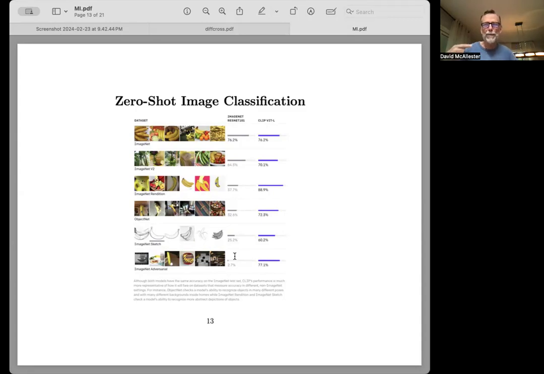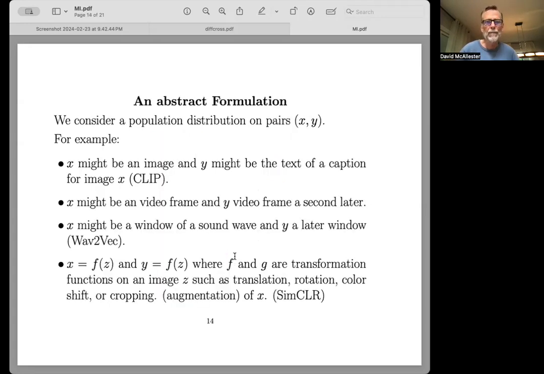And the difference is simply that the CLIP system has been trained on open domain text-image pairs.